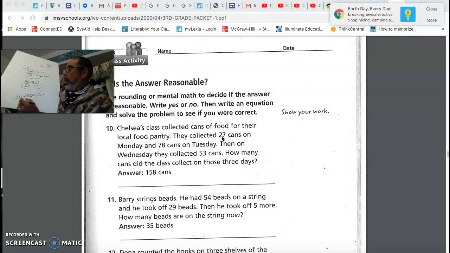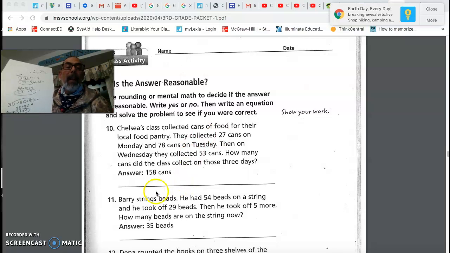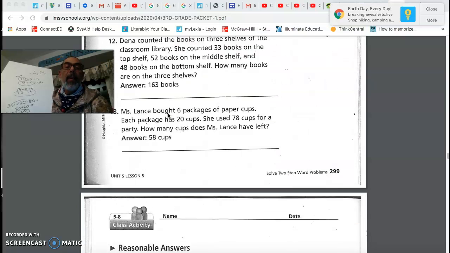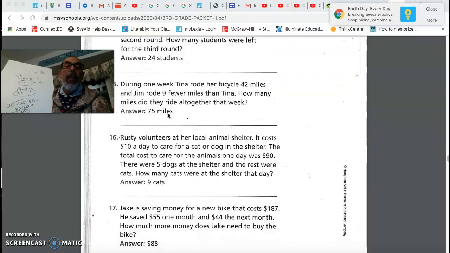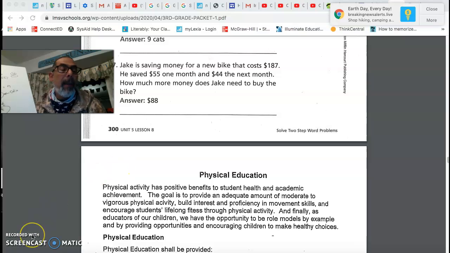So this one would be 80 plus 80, about 160. This means approximately or about 160. The answer was 158 cans. Is it reasonable? I would say so. So they're going to say yes. So go ahead and have them work on their rounding skills, okay? I hope that helps. Take care.